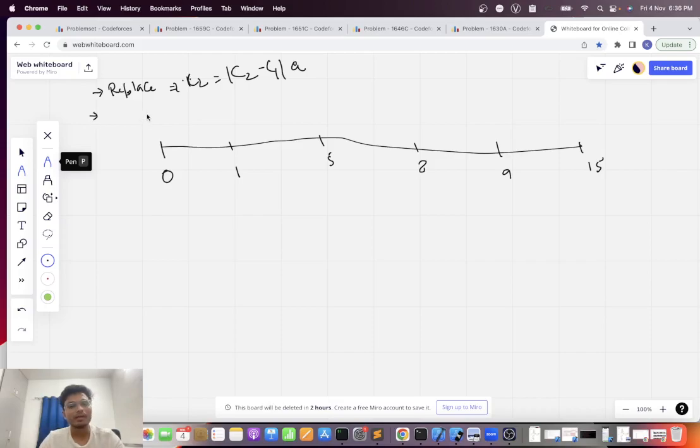And the second one is I need to conquer a kingdom. That will also cost me the distance between my capital and the conquered kingdom times b. I need to do it in minimal cost. So first of all, how can I conquer this?